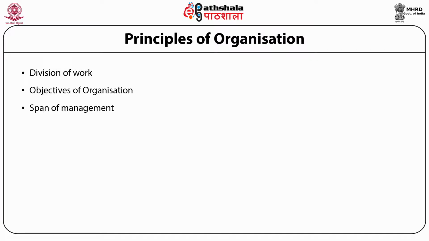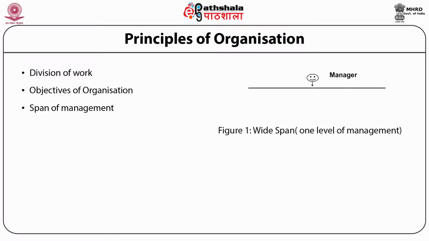Span of control determines the number of levels in the organization. The larger the span of control, the more employees under the manager's direct supervision and less is the managerial levels, and vice versa. In figure 1 given below, the span of control is wide.